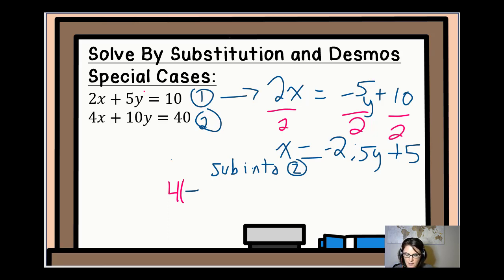So 4 times (-2.5y plus 5) plus 10y equals 40.